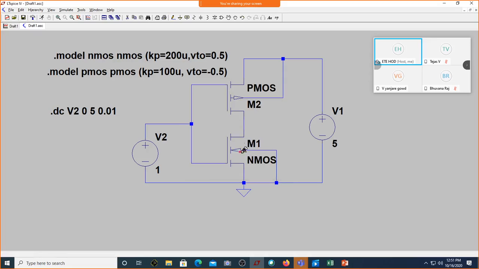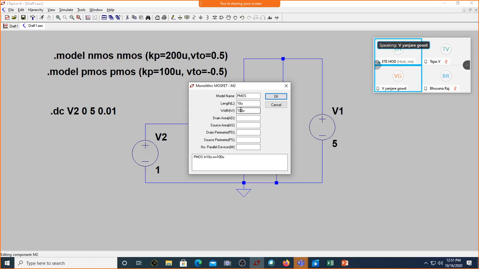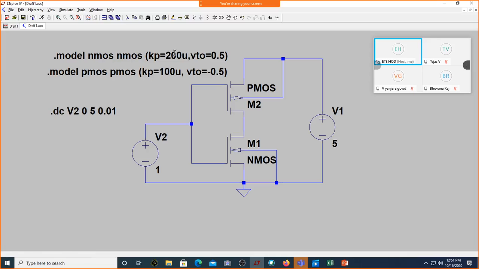Yes, sir. So I made it exactly twice. Correct? Now just have a look, maybe I'll make this also 50. Now what have I actually made here?